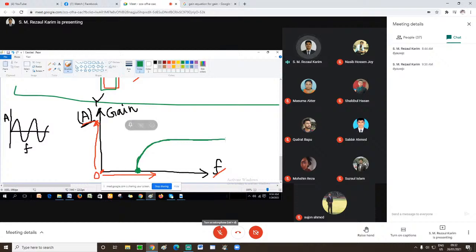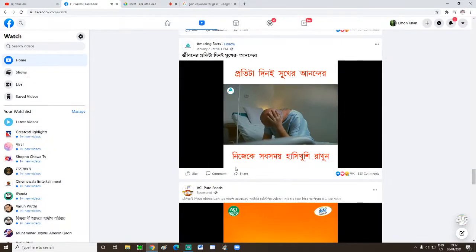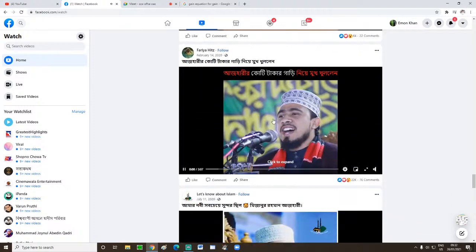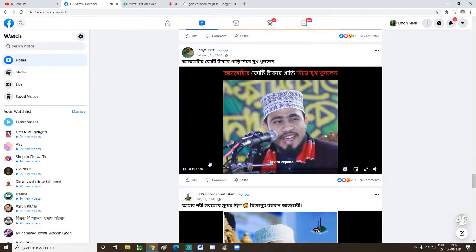It continues to flow like this. So basically, what is happening here? Basically, this graph is a high pass filter graph. Try to understand how this is a high pass filter graph.